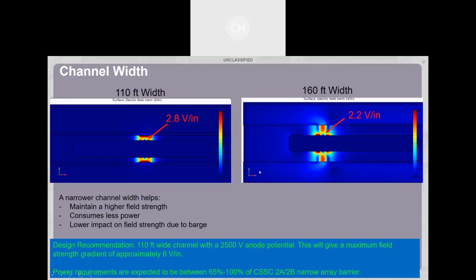So for Brandon Road, essentially from an electric barrier standpoint, no other things considered, the more narrow that channel is, the better it is for us. Again, just talking about the electric barrier.